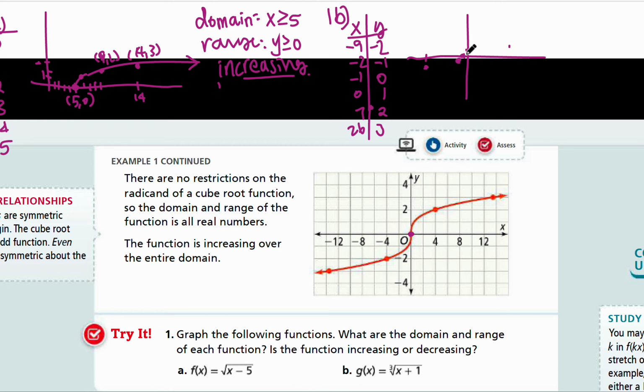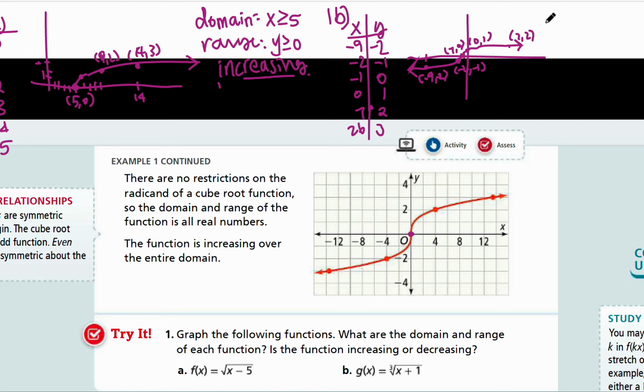This is definitely the inflection point, the point in the middle. And then you'll have the half of the function here. So the graph that looks like a square root is going to be here, and then the other way over here as well, right? And so this is going to be -9, comma -2, and then we have -2, comma -1, -1, comma 0, 0, comma 1, and 7, comma 2. Okay, so we graphed it.